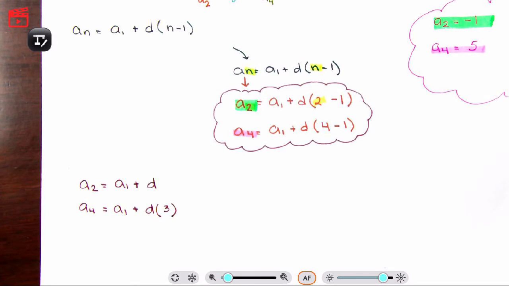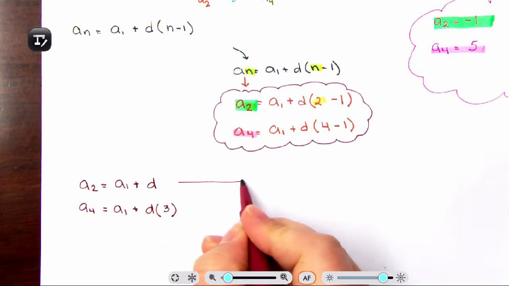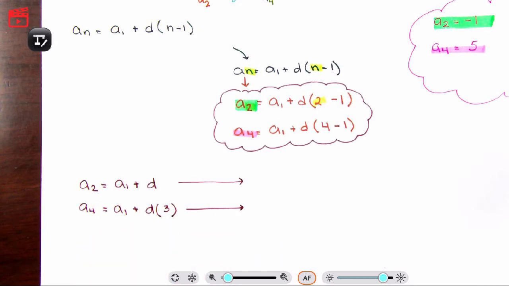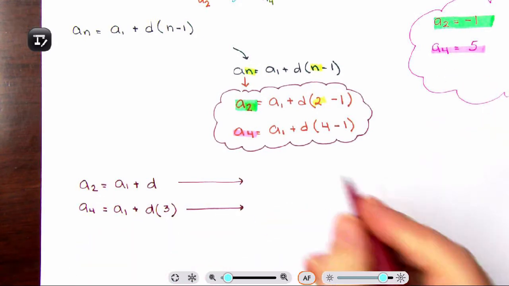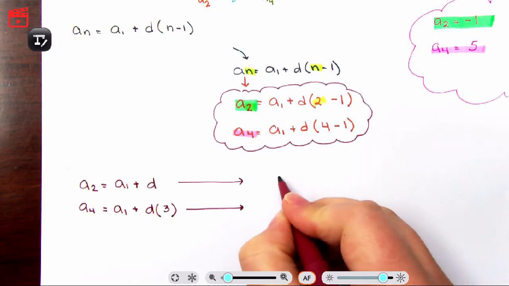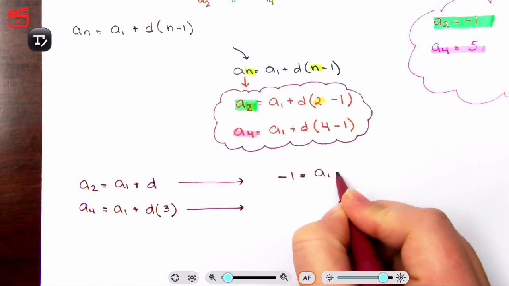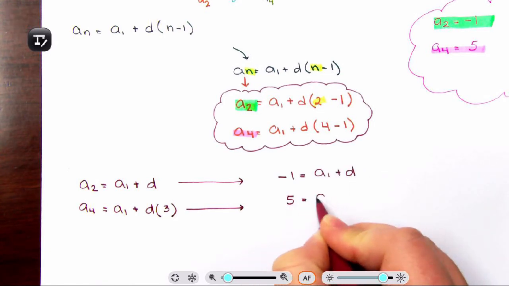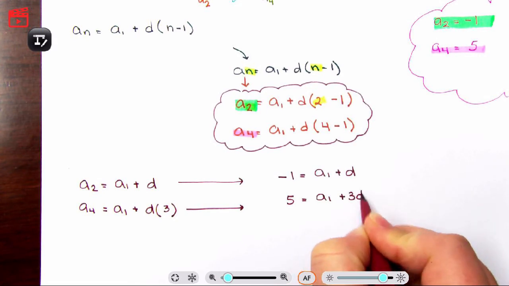So let's rewrite these equations one more time. Now, if you already saw it in the beginning, you didn't have to rewrite it like this many times. You can just jump straight into substituting. So my final equations that I'm going to have are negative 1 is equal to a sub 1 plus d, and I have 5 is equal to a sub 1 plus 3d.